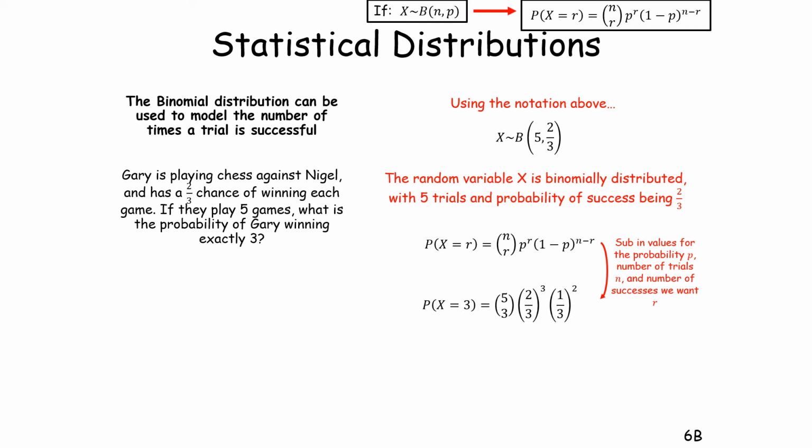So we could represent this as probability X equals 3, 5 choose 3, 5 trials and we want success 3 times, times the success, which is 2/3 to the power of 3, times the failure to the power of 2. So now if you calculate this, we get the same result as what we did before. So we get 0.329.